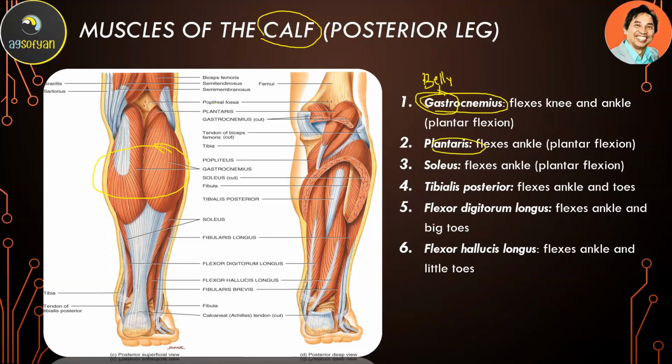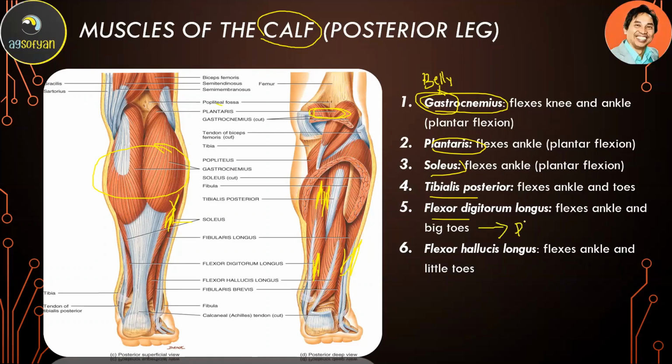There is the plantaris muscle, over here, and the soleus muscle. On the side over here, tibialis posterior, and in the back, flexor digitorum. All of these muscles flex the digits or the toes.